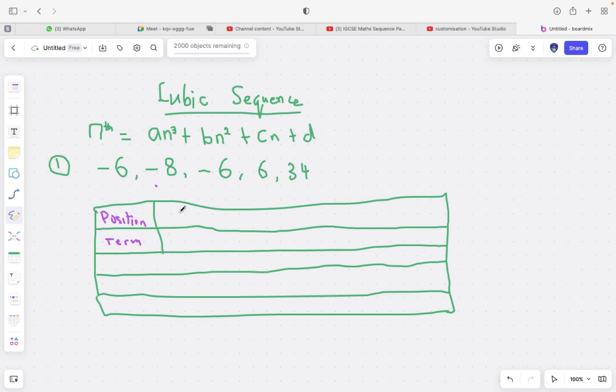Okay, this is position 1, this is position 2, this is position 3, this is position 4, and this is position 5. Okay, we draw for this one.